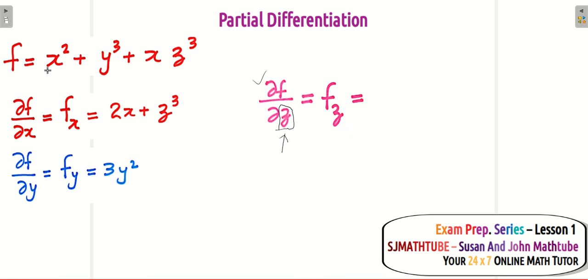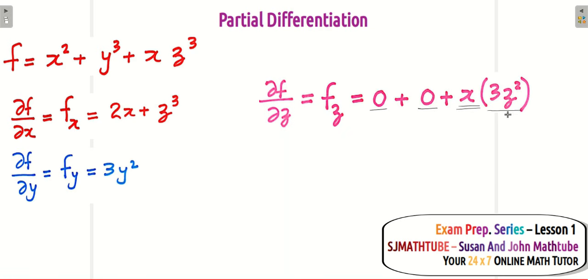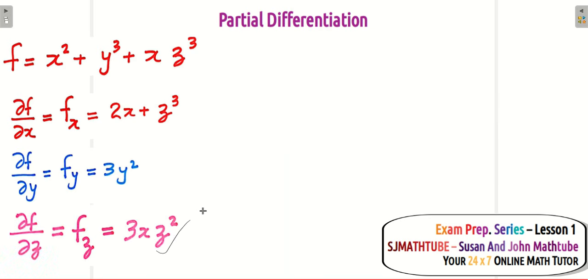So the derivative will be 0 plus 0 plus, oh, we have a constant into function situation. I told you, if you have a constant and a function together as a product, you keep the constant and differentiate the function. So the answer will be 0 plus 0 plus this quantity, and simplifying we get this.